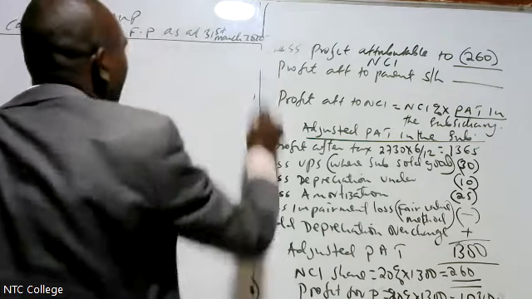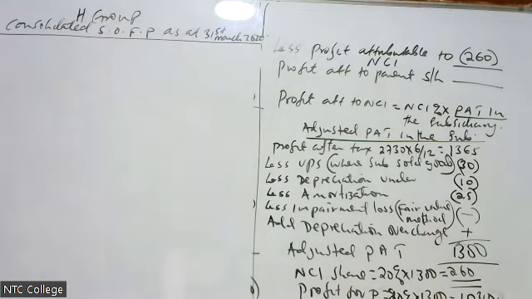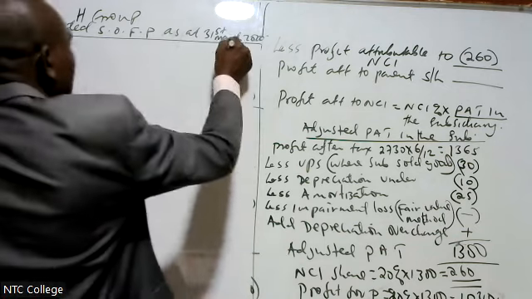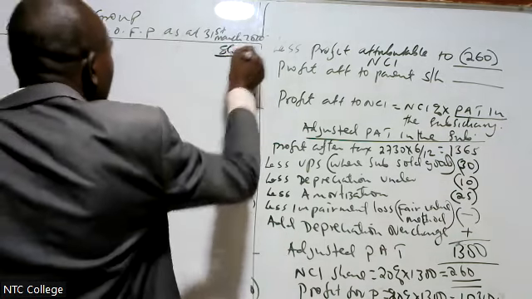You underline your work using the ruler. Don't do it like Marino. You underline very well your work using the ruler so that you impress the examiner there. Shillings in millions.